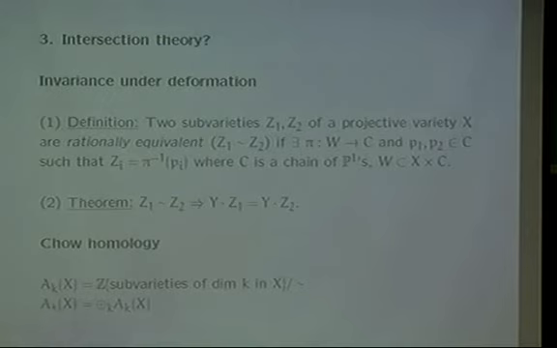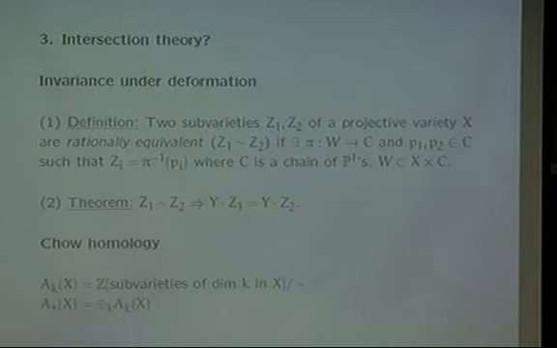The key point is that if two varieties Z1 and Z2 are rationally equivalent, then intersection numbers are the same: for any variety Y, the intersection number of Y with Z1 is the same as the intersection number of Y with Z2.